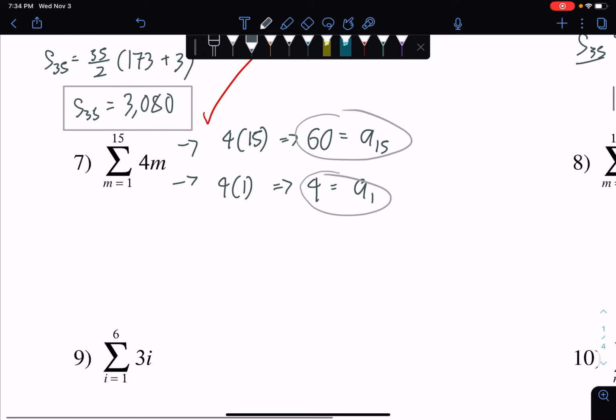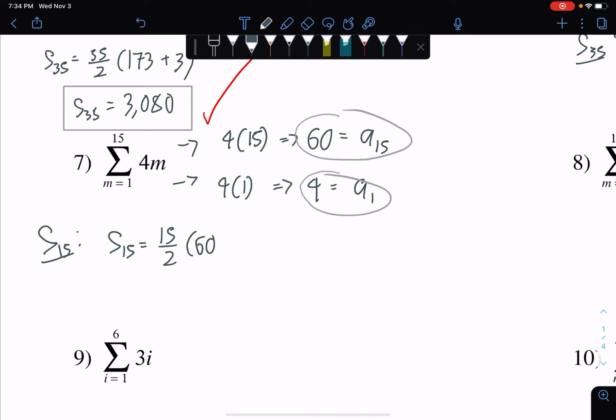Alright, so let's move to finding S sub 15. S sub 15 is equal to 15 over 2 times the quantity 60 plus 4. S sub 15 is then equal to, if you place this expression in the calculator, 480.